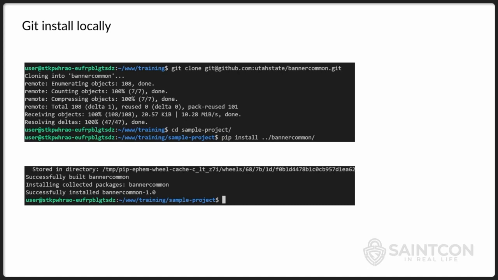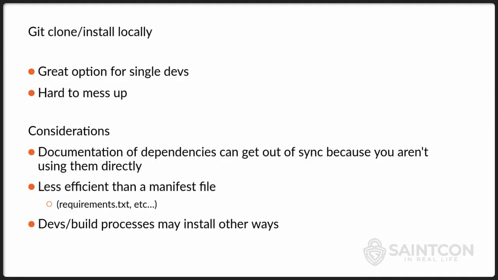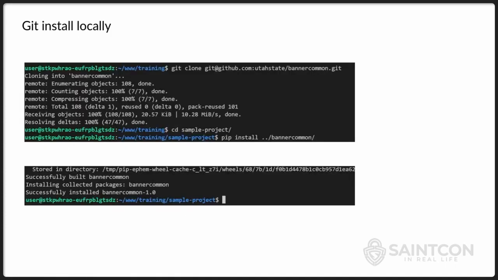This is circumventing that file, and anytime it's not being validated, they're going to get out of sync. This is an automatic way to document things, and it's actually a huge benefit. So I wouldn't necessarily recommend it, but if you don't have any other options, this works great.